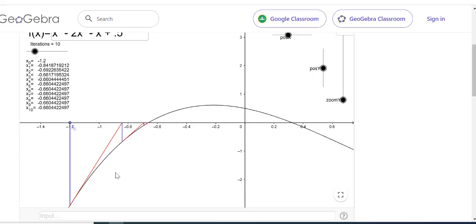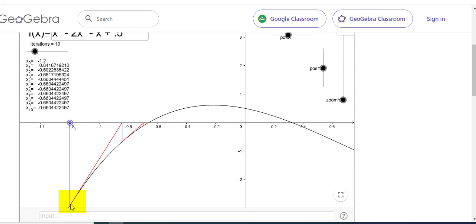So, okay, if I want to try to find these solutions, one thing that I can do is use Newton's method to help me. What this does is it says pick an x value that you think is relatively close to your zero. So, for demonstration purposes, I'm going to pick negative 1.2. Then it says evaluate your function at negative 1.2.